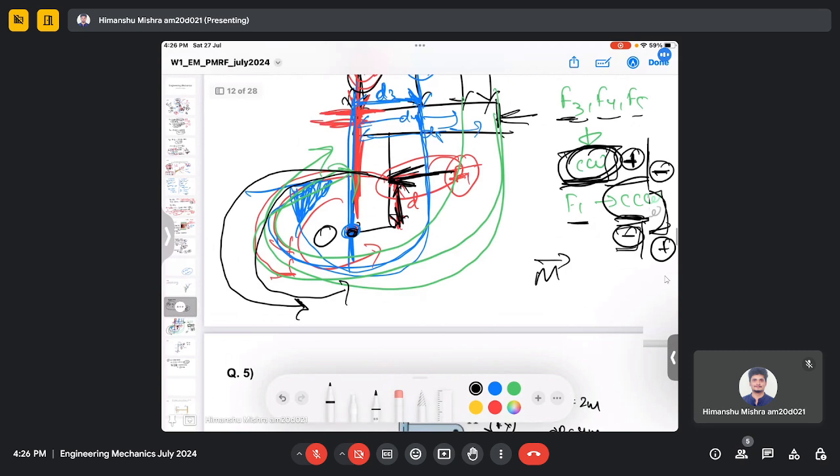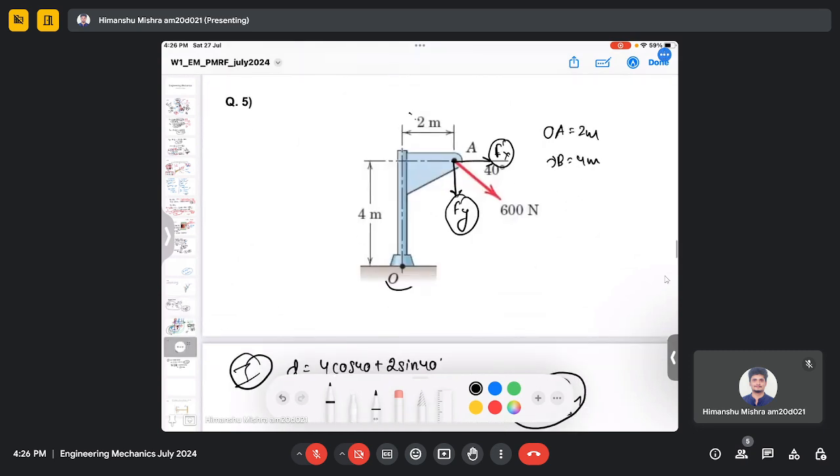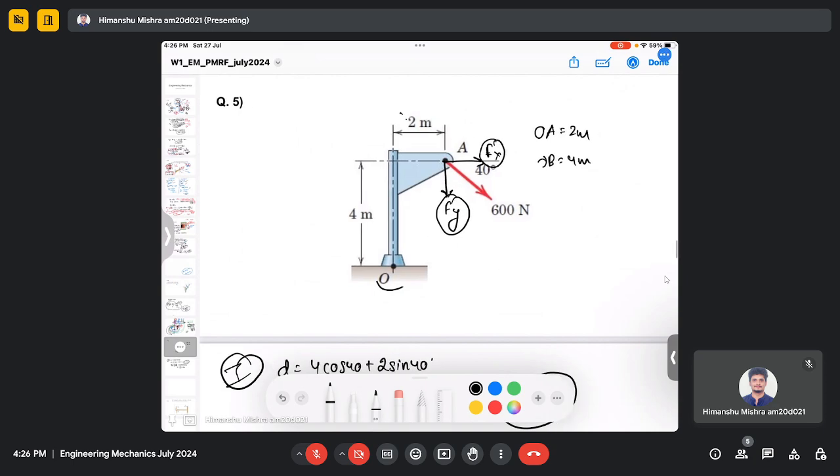You can calculate the moment due to each force, and then you just add the overall moments. So you just calculate the moment due to Fx, let's say with distance dx, and moment due to force Fy, with distance dy. And then the overall moment at point O will be Fx dx plus Fy dy. So here we use Varignon's theorem.